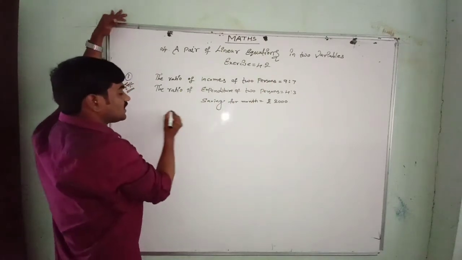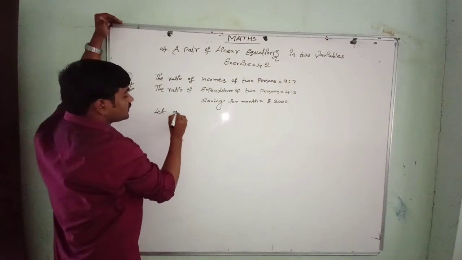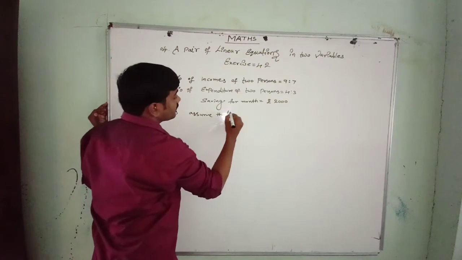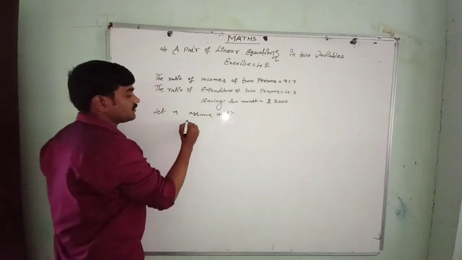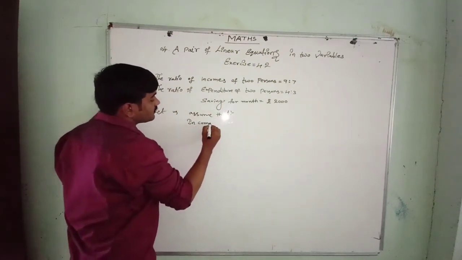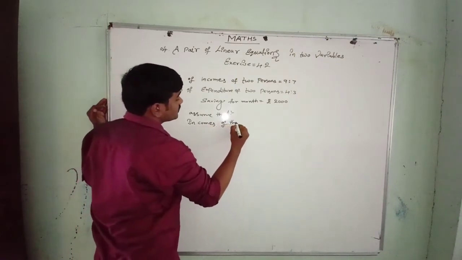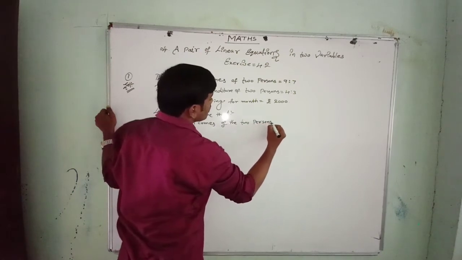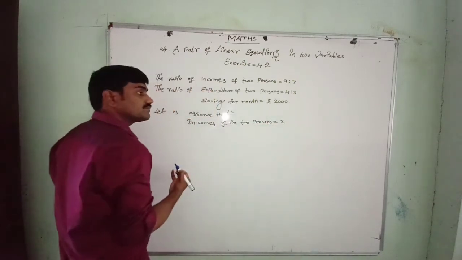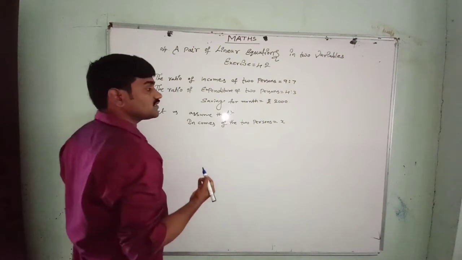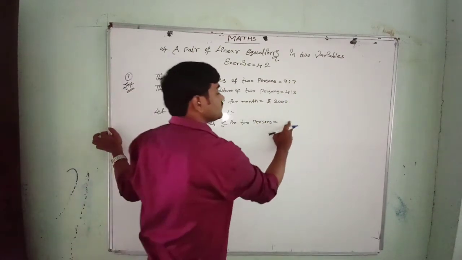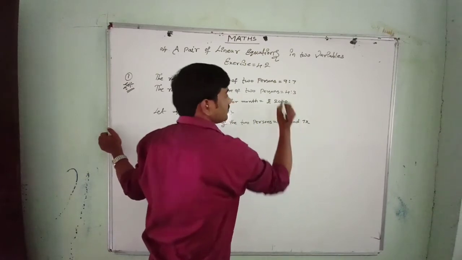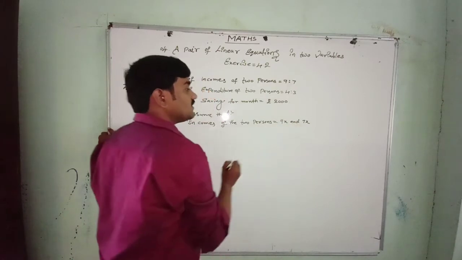So here let us assume the incomes of the two persons are 9x and 7x, because it is 9:7, no? So 9x and 7x.